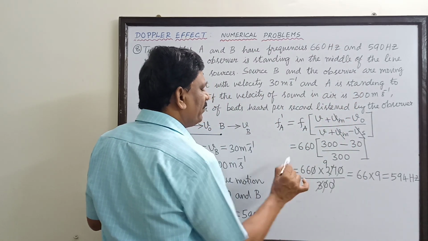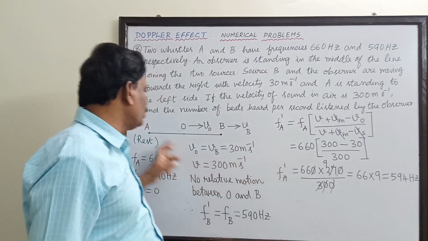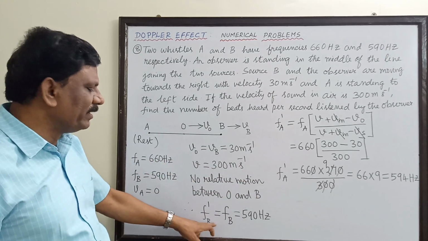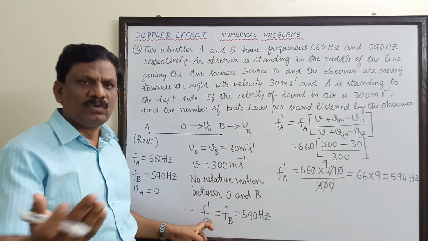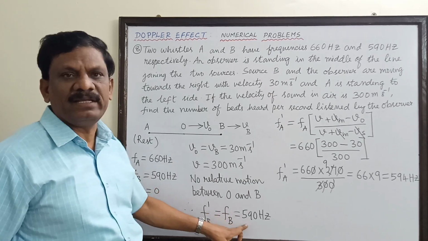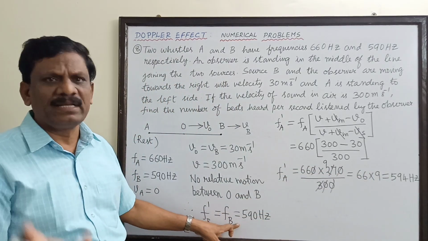This is the apparent frequency listened by the observer due to the source A, and the apparent frequency observed due to the source B is its original frequency only, that is 590. The difference between these two frequencies will be equal to the number of beats.